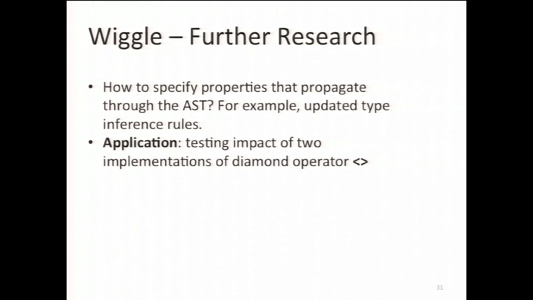And there is a lot more to do, basically. So one thing that we would like to be able to do is, suppose you're changing your compiler a lot, and you want to be able to run the old compiler and have it emit a lot of properties about the source code you just compiled, and then you change it and you want to do the same thing.